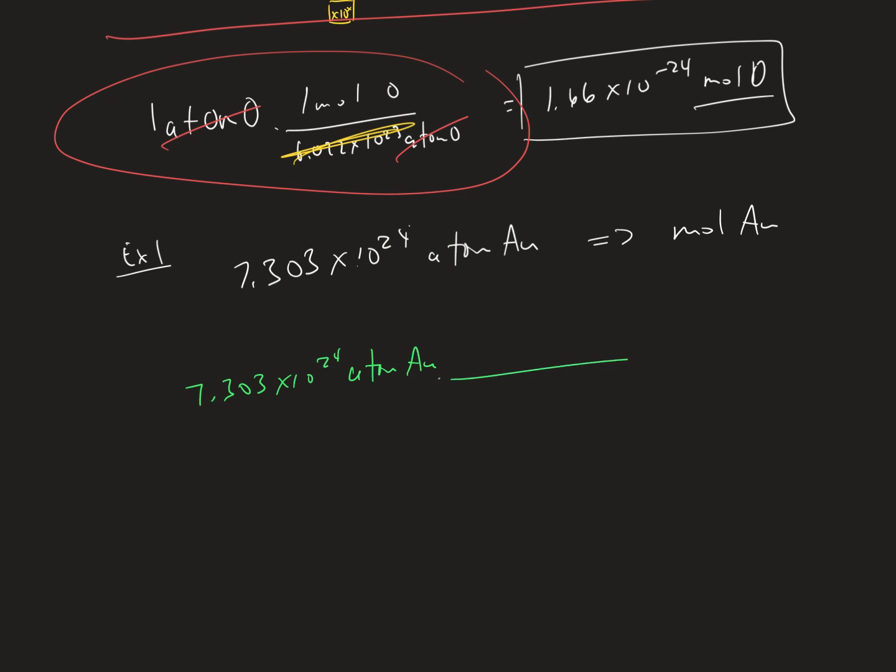And we know for every 1 mole of gold, we have 6.022 times 10 to the 23 atoms of gold. Atoms of gold go away. We're left with moles. That's what we're looking for. Can multiply or divide. In this case, divide.